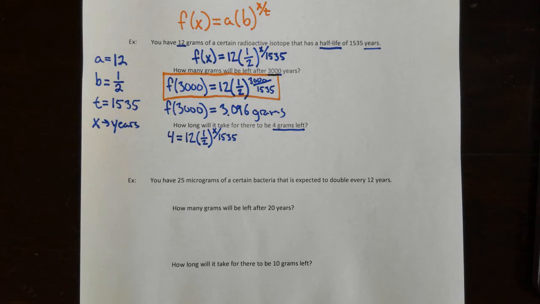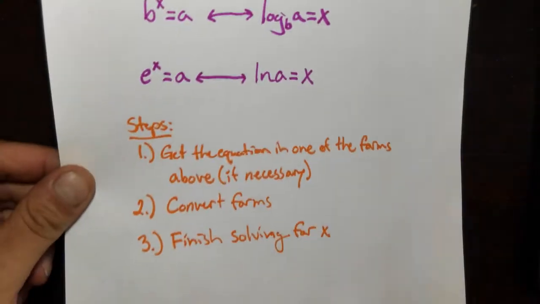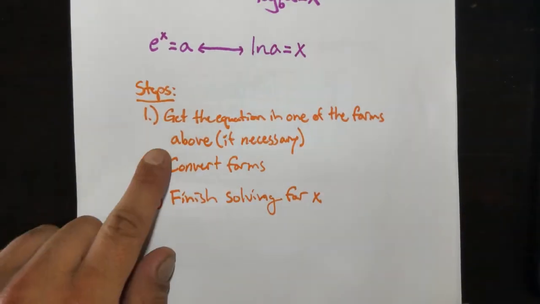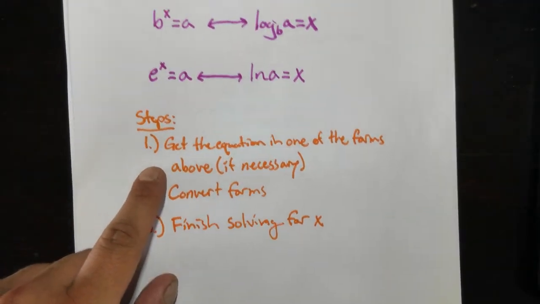Let's see. So first, let's take it back to yesterday's lesson or our last lesson. When we were solving for these exponential or logarithmic functions, we had 3 steps, if you recall. We need to get the equation in one of the forms above, if necessary.